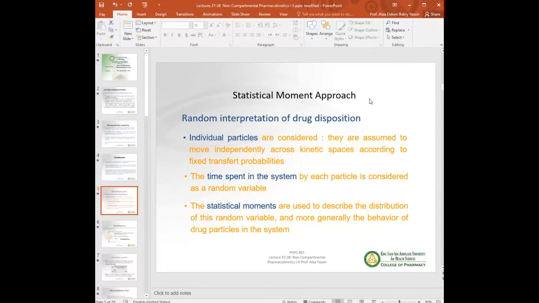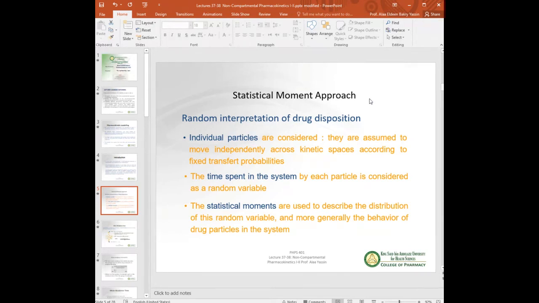Sometimes we can get it from the urine too. So we can determine, after a certain time interval, how much is present in the body or in the blood. From these data, we can get the overall mean residence time by applying a simple mathematical formula.